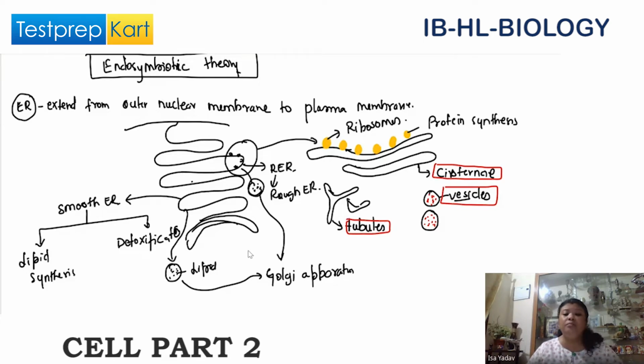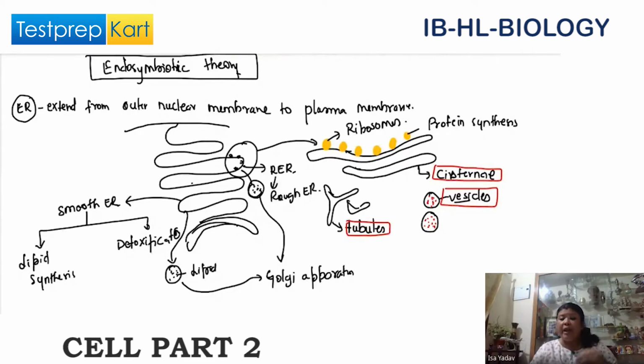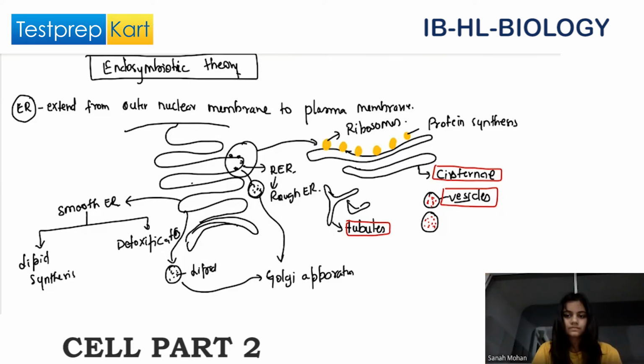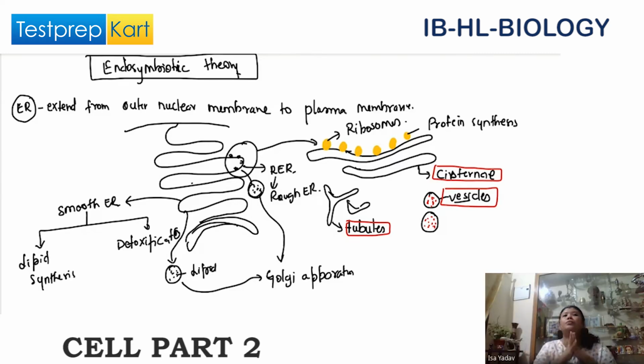Is this point clear? Whether protein or lipid, both of them, which are made in the endoplasmic reticulum, are just raw materials. Suppose, for example, you want to drink juice.